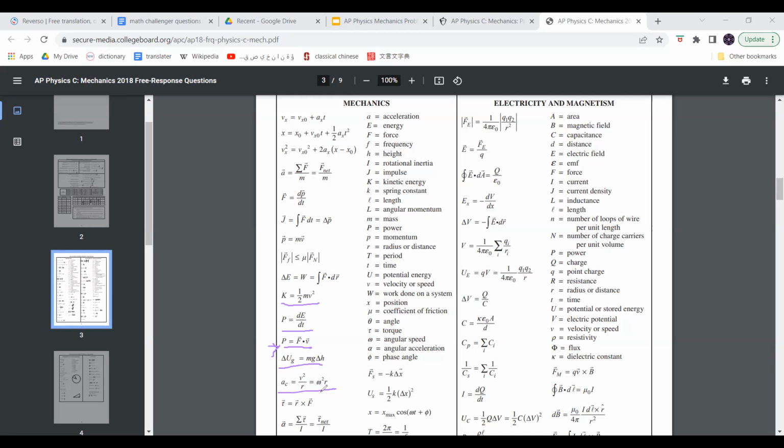And your omega is your angular speed, so that's the same thing as v over r. These two are the exact same in definition and math. Pretty important to know as well.